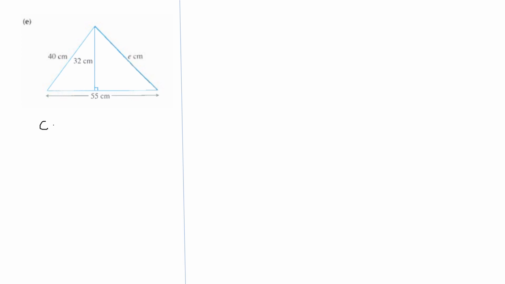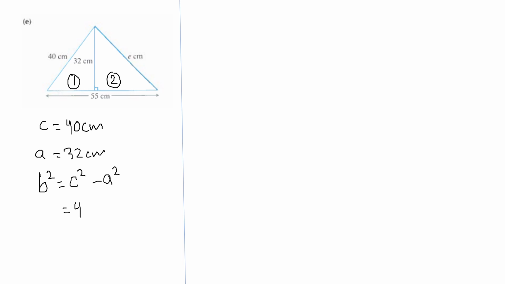I have C as 40 centimeter and I have A as 32 centimeter for triangle 1. This is triangle 2. Now I will find B. B squared is equal to C squared minus A squared.